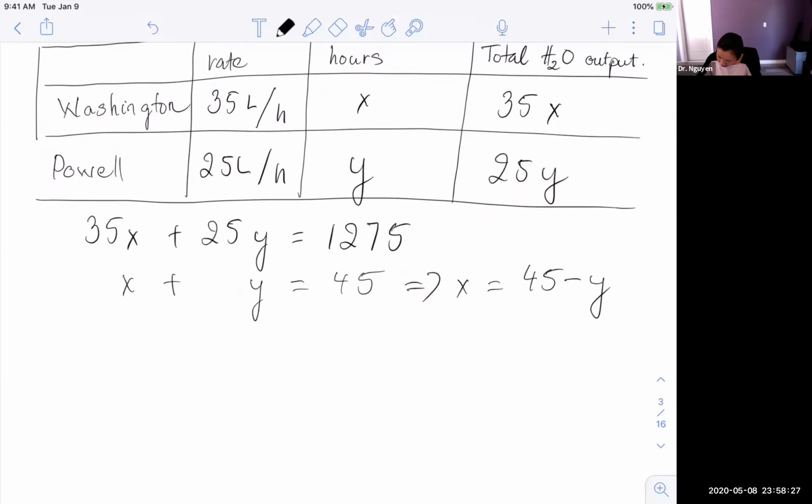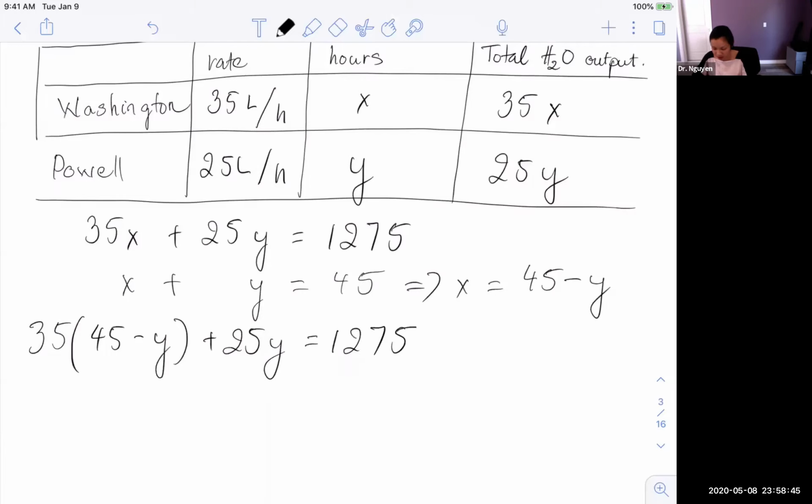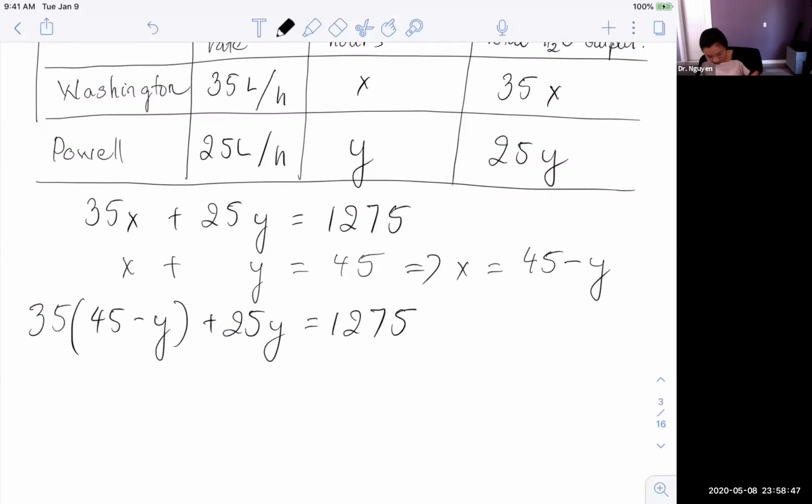All right, now we plug it in. So what I have is 35, instead of X, we have 45 minus Y, plus 25Y equals 1275. From here, you should be able to calculate and isolate Y. So I combine like terms.